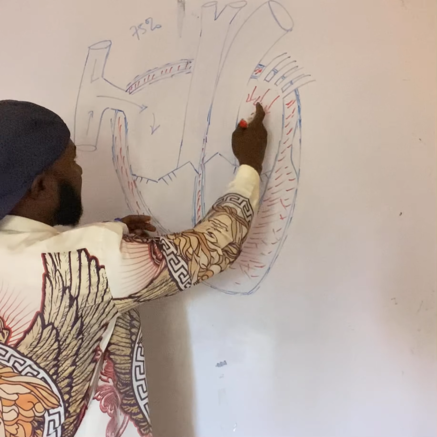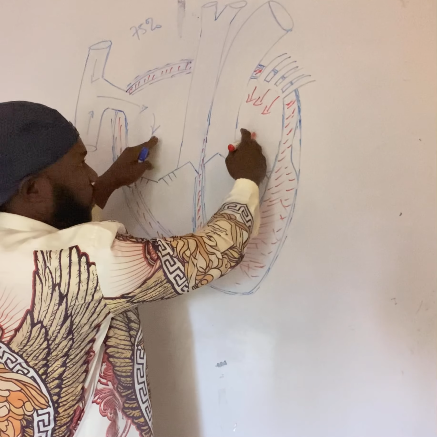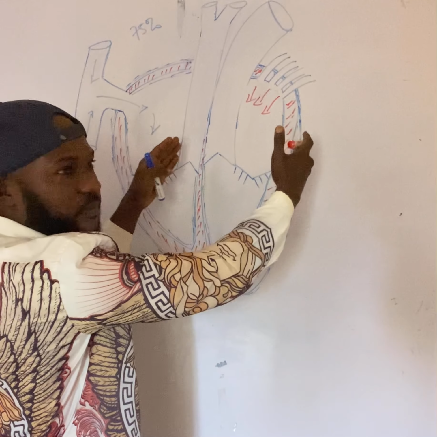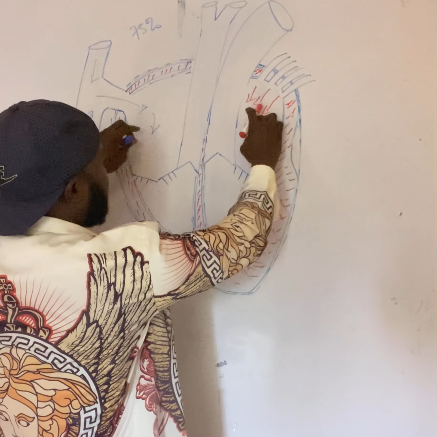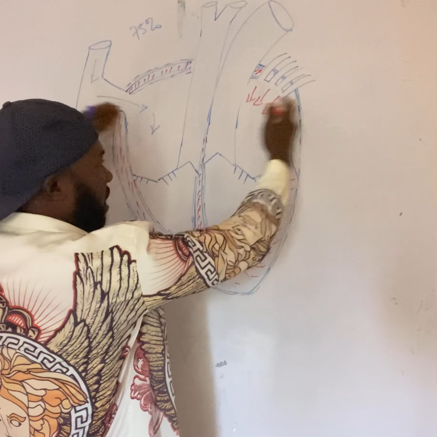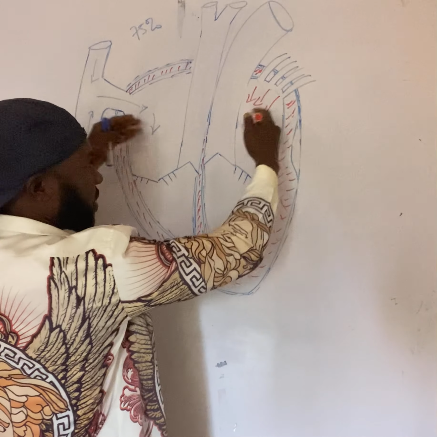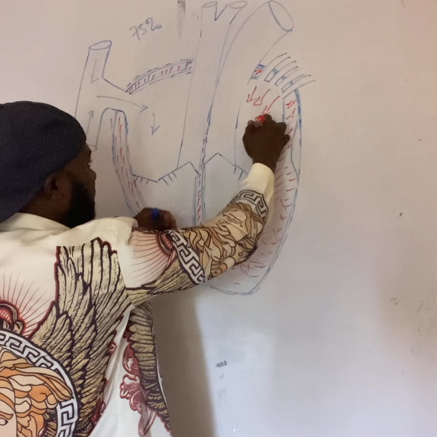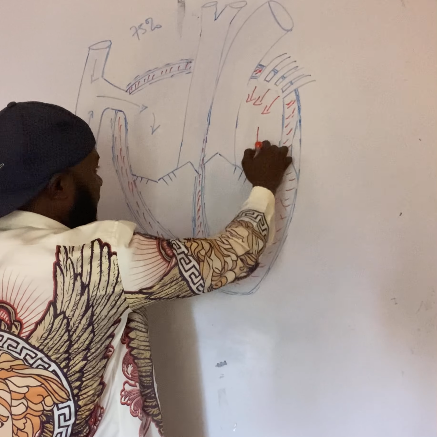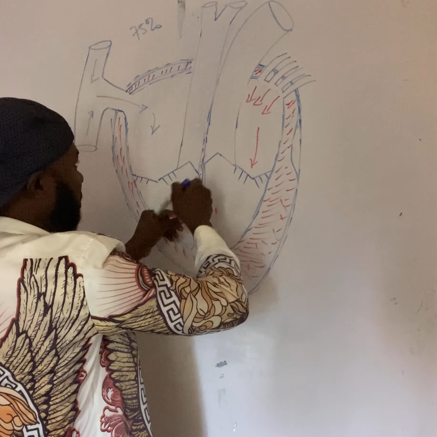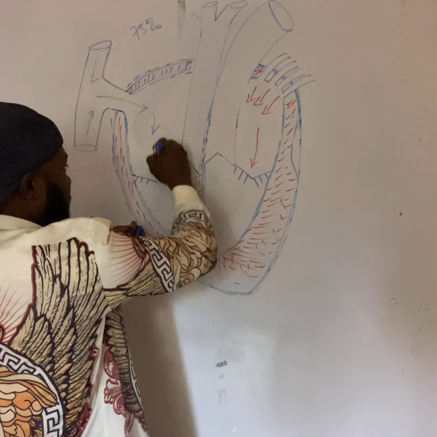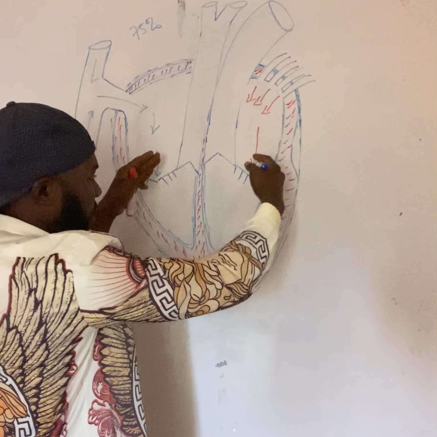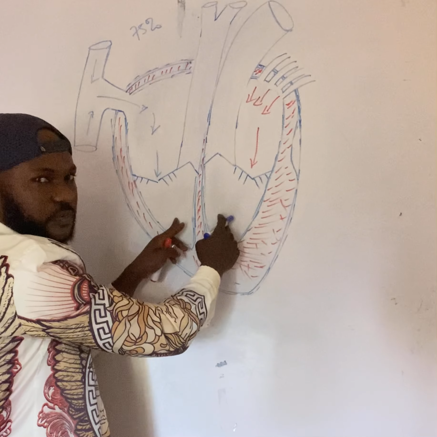Okay, so when it enters here and this one comes here, there is what is called atrial kick. The atria, this chamber of the heart, we kick, we contract. With the help of the kick, the blood moves down forcibly to the ventricle.